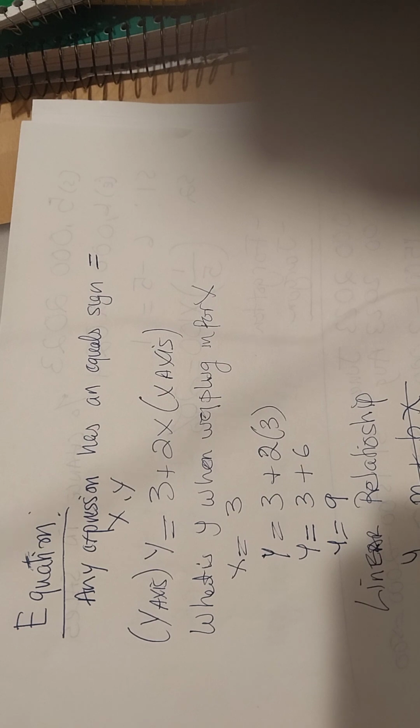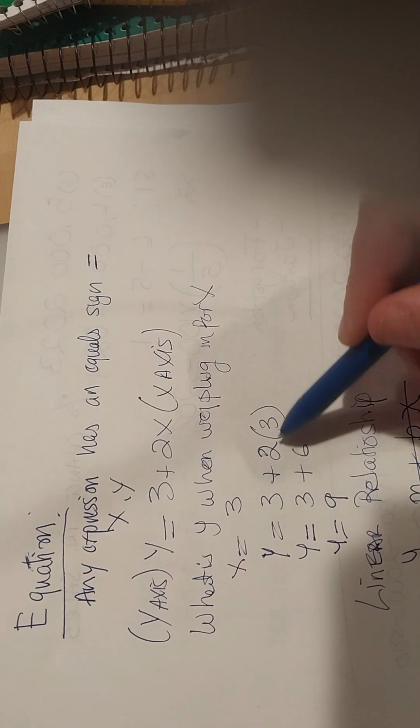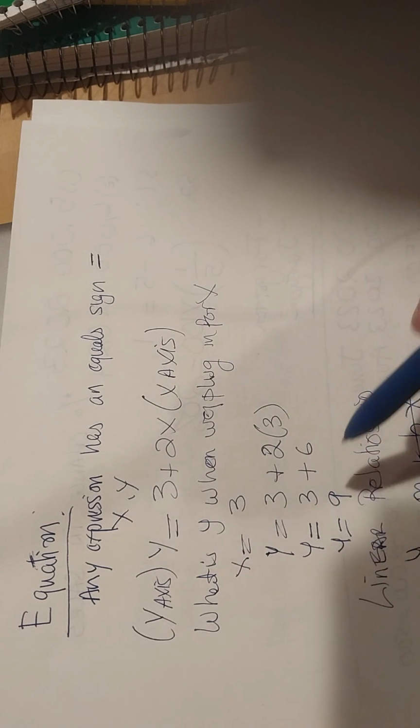So one good example is we can say that y, whatever is on the y-axis, is equal to, let's say, 3 plus 2x. So the idea is, what is y when we plug in for x? For example, if x is 3, y is equal to 3 plus 2 times 3, so y is equal to 3 plus 6, y is equal to 9.